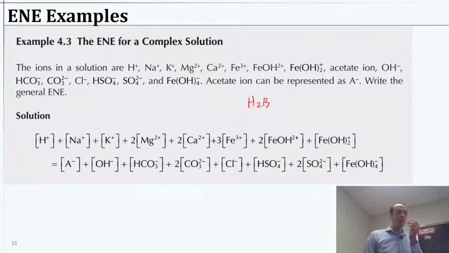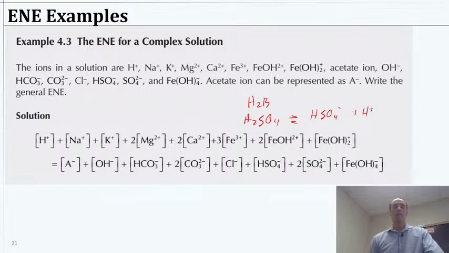I think it kind of did that because it gave us sulfate and HSO4-, right? It's a good question. If we're taking this as H2SO4, H2SO4 will be in equilibrium with HSO4- plus an H+.